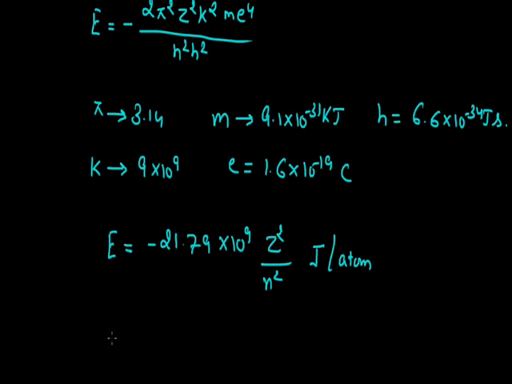So if we convert joule into electron volt using the interconversion relation between these two, the value will be minus 13.6 Z square divided by n square, in electron volt per atom. So that is the energy of an atom, and by putting the values of n and Z, we can find the energy of an electron in a particular orbit.